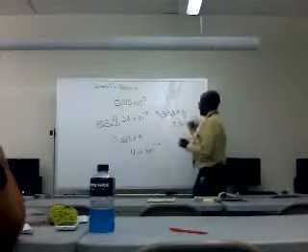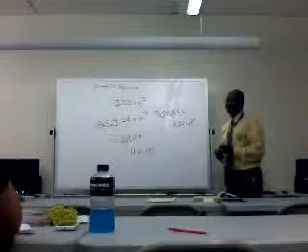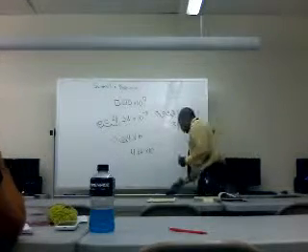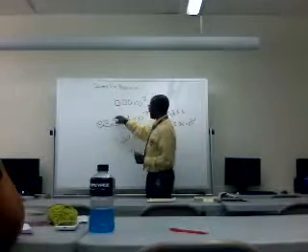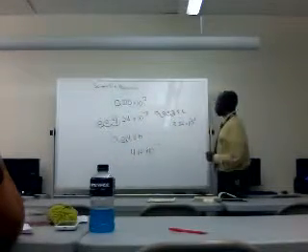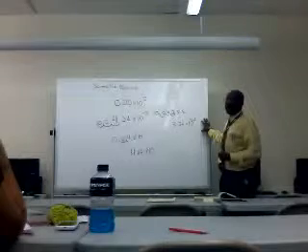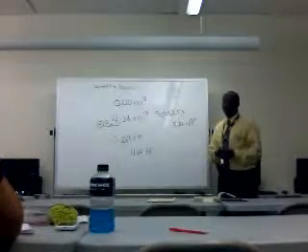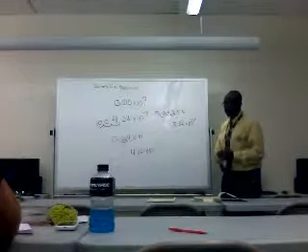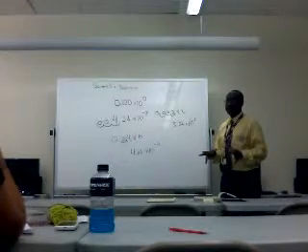Negative 3, because I moved this way. Okay? Is everybody with me? Okay. So it gets confusing because when we're creating scientific notation, we change the number one way, but when we're going from scientific notation to standard notation, we move the number the other way. So it gets a little confusing. Any questions? Okay.